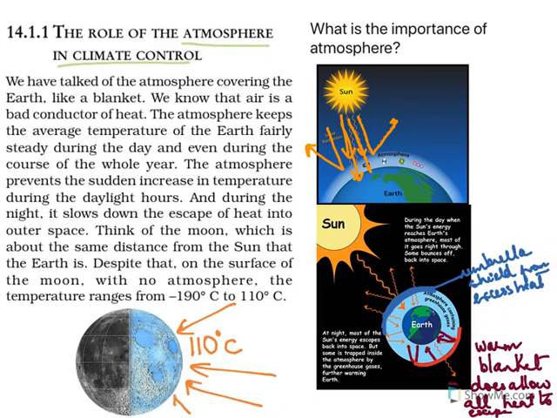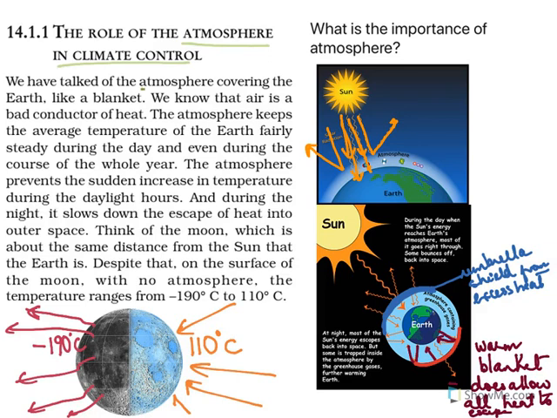And when it is night, the temperature becomes minus 190 degrees Celsius, because the heat escapes into the atmosphere. There is nothing to stop this heat. It just escapes, making the moon very cold at night. But that does not happen for the earth. The atmosphere acts as a blanket and protects us from this extreme temperature change.